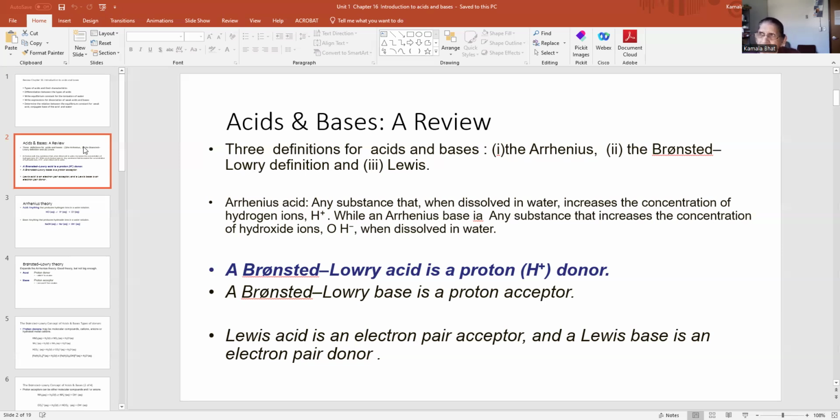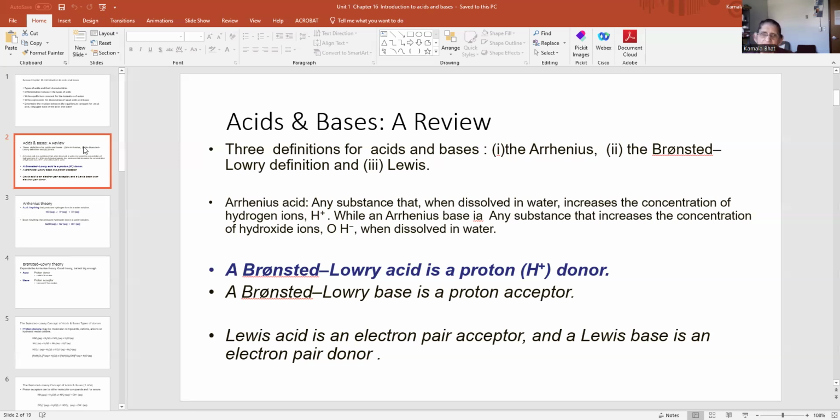Remembering that unless there is a proton acceptor, a material cannot behave as an acid. Therefore, in such reactions, you will see that you must have two reactants on the left-hand side and two products will be formed on the right-hand side. And as an example, just in a couple of slides, we will see that.